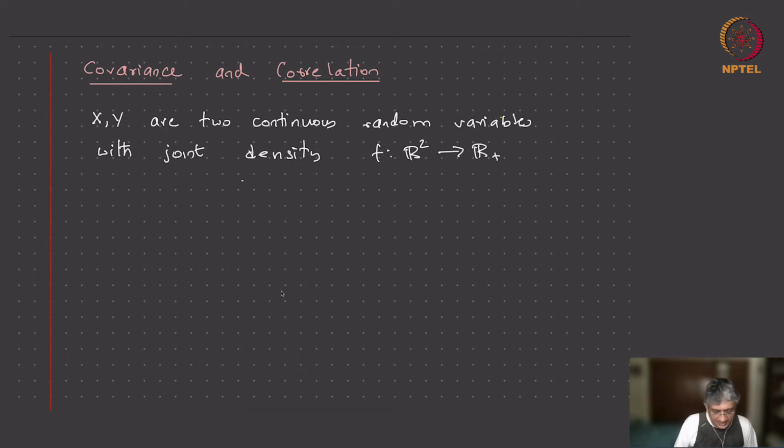Then covariance essentially tells you how the two random variables are related to each other. It specifies some amount of relationship, or quantifies it in terms of one number. So we'll try and understand that number a little bit.